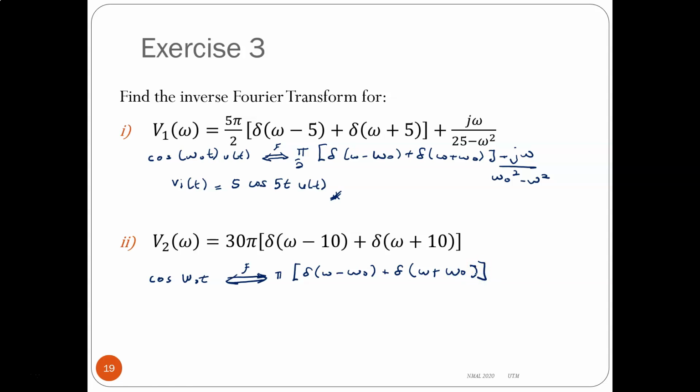So there is another element missing here if you compare with the cosine multiplied by the unit step function, which is this part. This part is not here, and this is not divided by 2. So from here we can match with this. We know that 30 here is the amplitude, so we get v2(t) equal to 30 cos 10t. So this is the inverse Fourier transform for V2 omega.